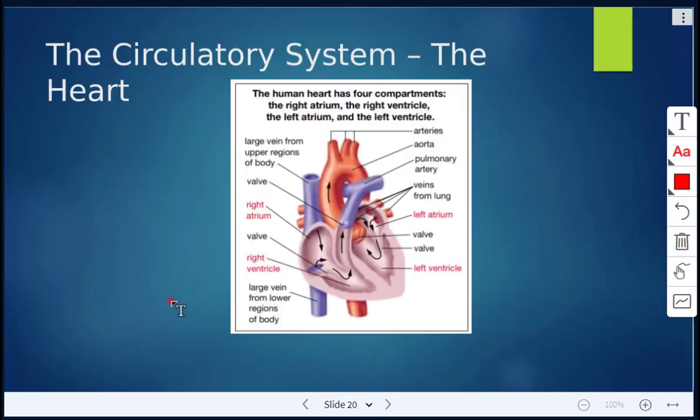Like I said, the human heart has 4 compartments. There is the right atrium and the right ventricle down here. Notice when we look at the diagram, it is opposite. The right ventricle is on this side and the left ventricle is on this side. Then we have the left atrium and left ventricle.